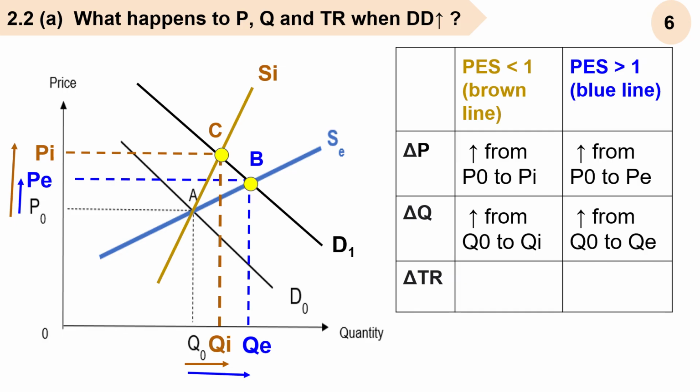Or how about you tell me, when PES is less than 1, so we are looking at the supply curve SI first, the brown line, what is the initial total revenue?